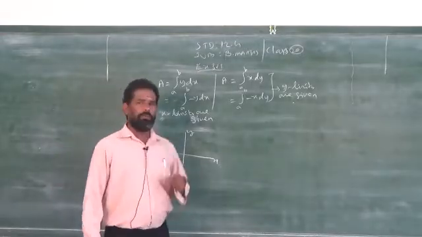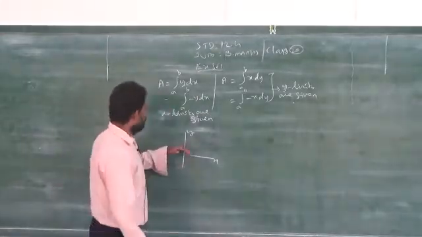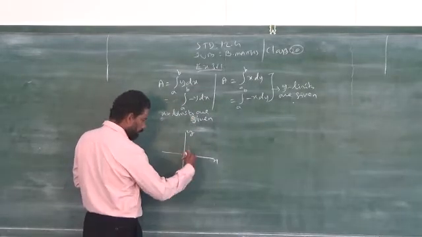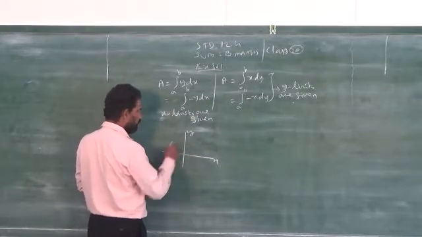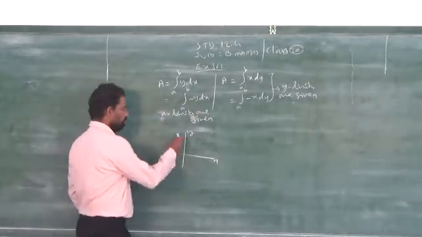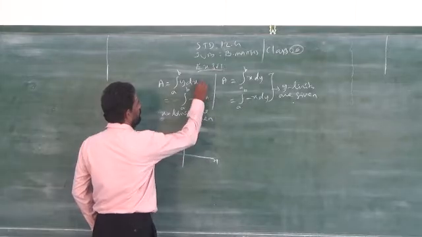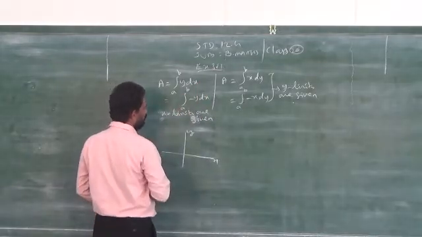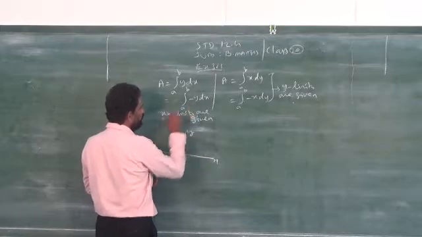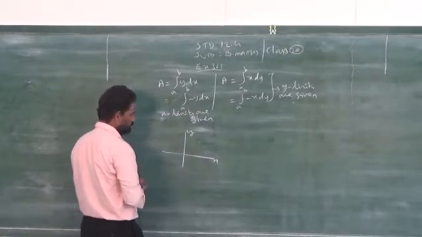In that we have two categories. Above the x axis, first formula, that is the positive side. Below the x axis, that is the negative one, so you have to take minus y dx. This formula is for above the x axis, and this formula is for below the x axis.